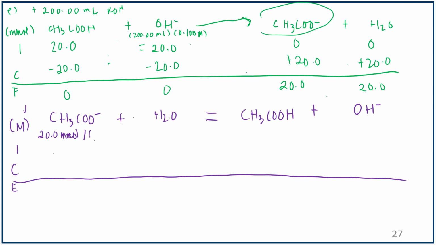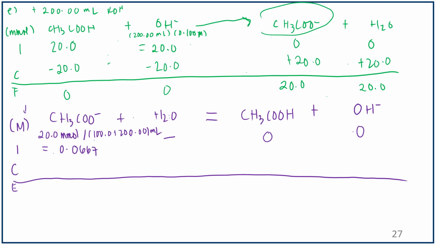So it's 300 ml. So 100.0 plus 200.00 ml. This should give you a concentration of 0.0667 molar. Ignore water. Then we have zero concentration of acetic acid and no OH as well.